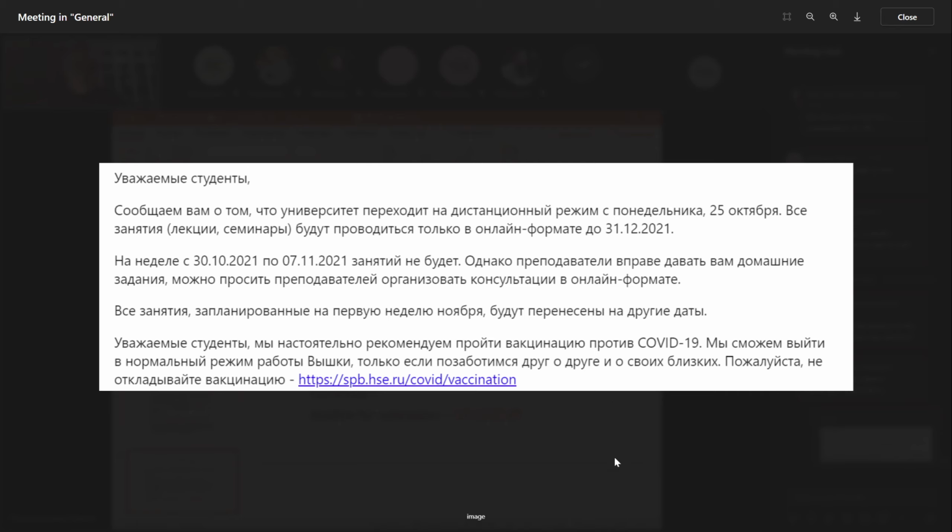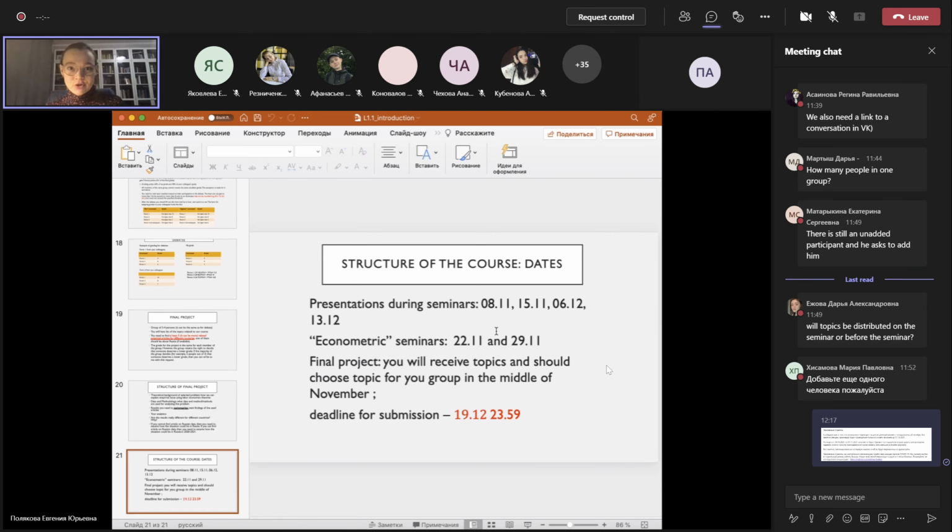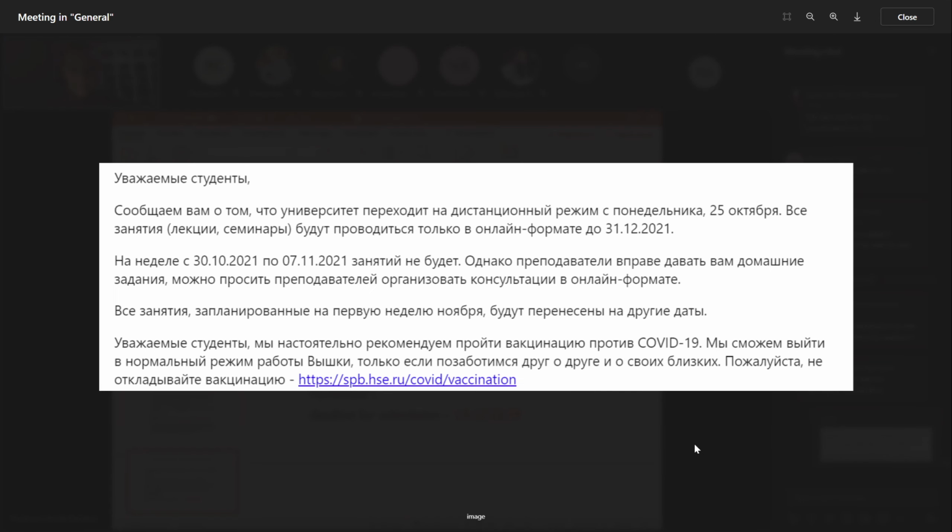So it means that we have, I don't know when, the other three seminars for econometrics. Maybe it will be before the 22nd of November, maybe after, but nevertheless we have 3 seminars for discussing this econometrics stuff. Basically, we can change the topics.